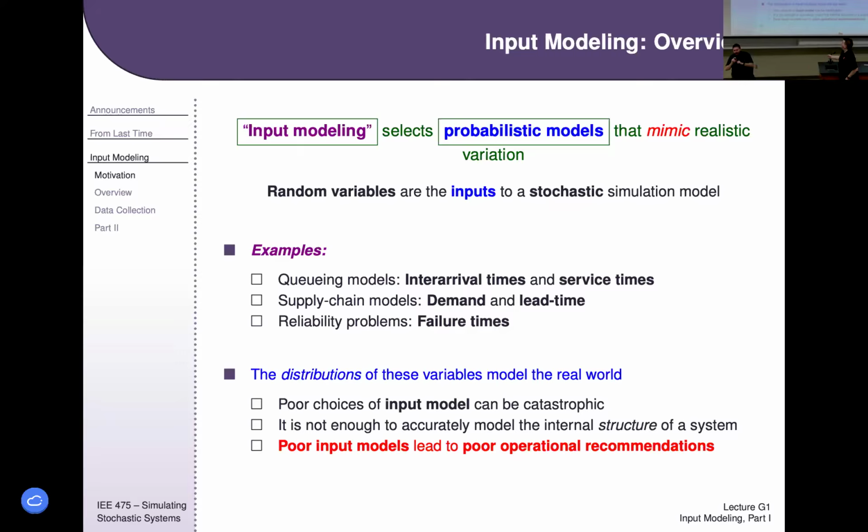That's what it means to be a queuing model. You don't know how often things are going to arrive, and you don't know how quickly they're going to leave that node. Alternatively, if somebody comes to you and says, we have a supply chain problem, your first question to that stakeholder is, what do you know about your demand distribution? Because that's the big thing with supply chain: how many objects do you keep on hand to sell to customers? Well, that is going to depend on what your customers are going to want on average, or the variation in that.